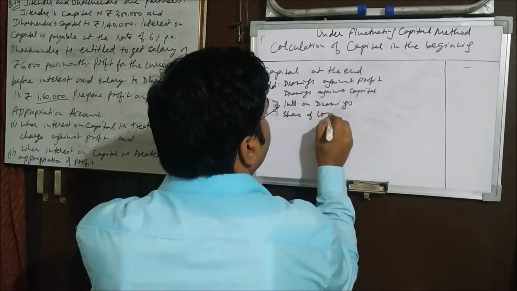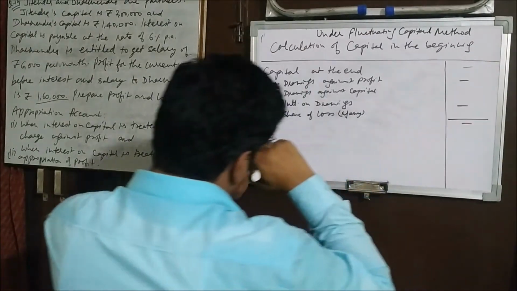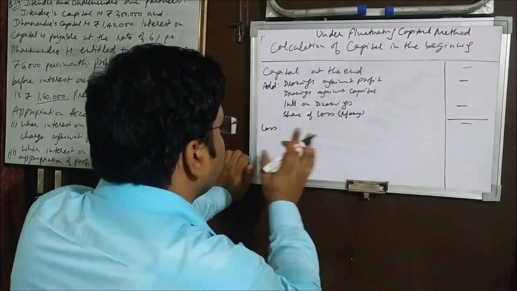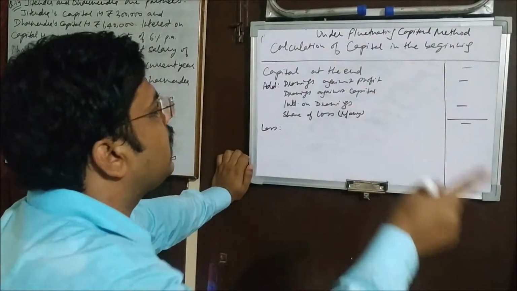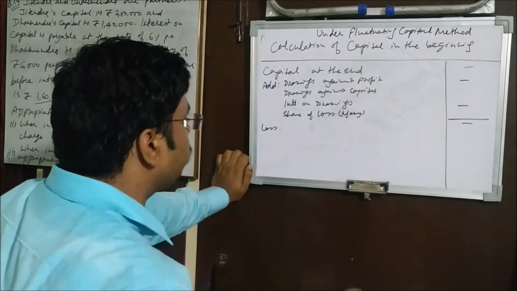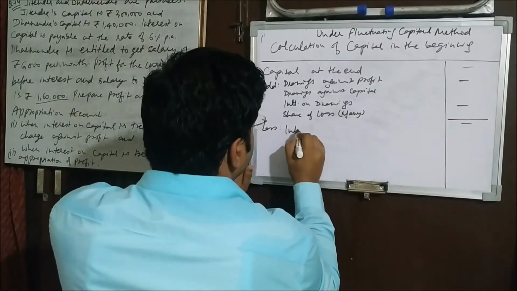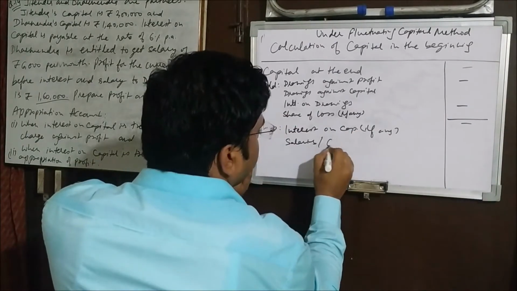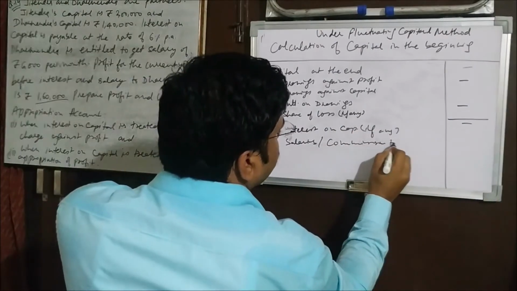And share of loss, if any, and then whatever the value comes, then out of that we'll deduct these. What we have already deducted we are adding, and what we have added there, now we need to deduct it. Okay, so what we have added here, interest on capital, if any, and salaries, commissions to partner.